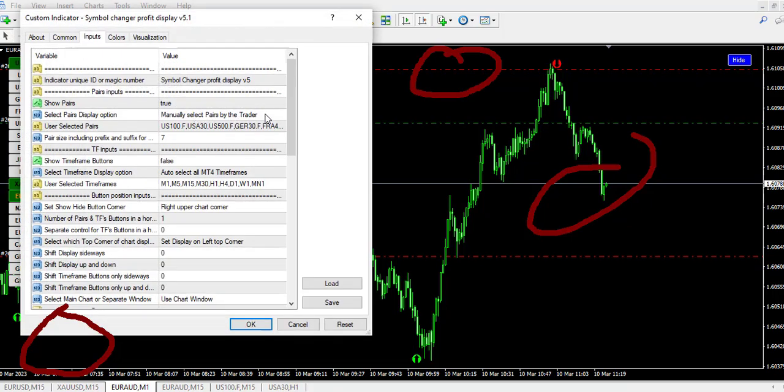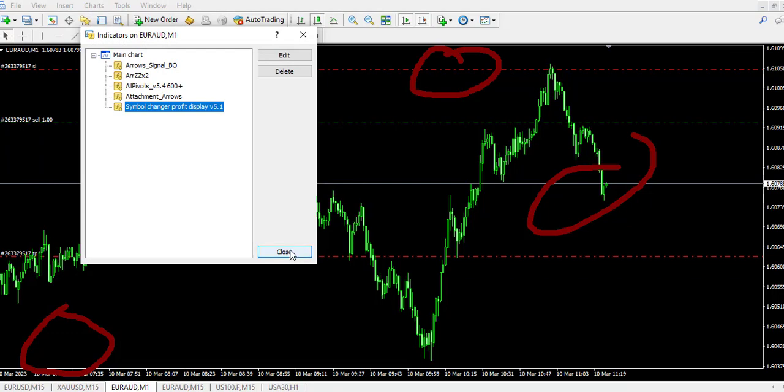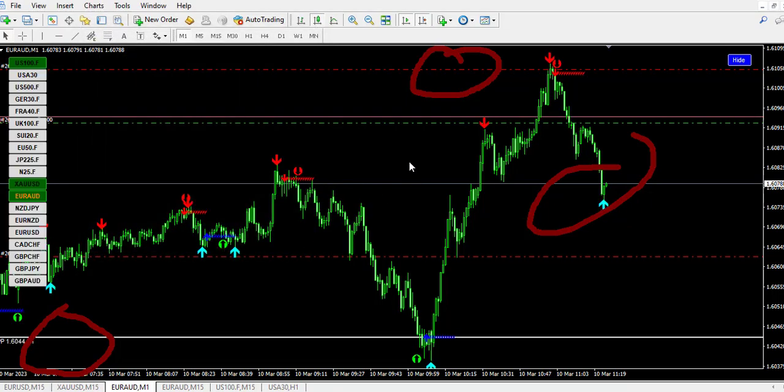This is manual select pairs by the trader, so you manually select this and enter the number of pairs you want to monitor, and enter 7, depends on the value for your pairs. Here we have 6 and some are 7, and that was why I use 7 here. So I've explained in nearly all my video, so I'm not going to explain further. So this is all the indicators I use for this particular winning strategy.